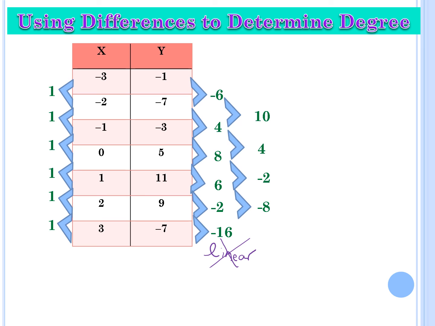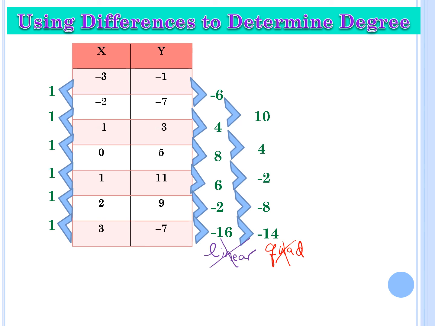And -2 to -16 is a decrease of 14. Now, if the second level differences, the 10, the 4, the -2, -8, and -14, were all the same, then we'd say, okay, it's a quadratic. But second level differences are not the same in this one.